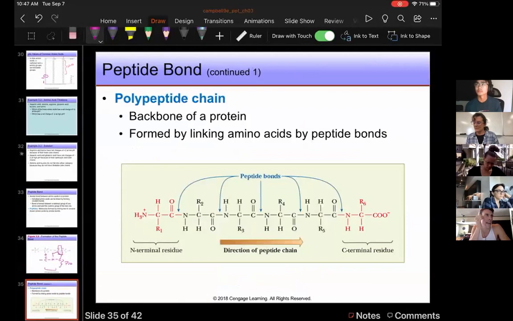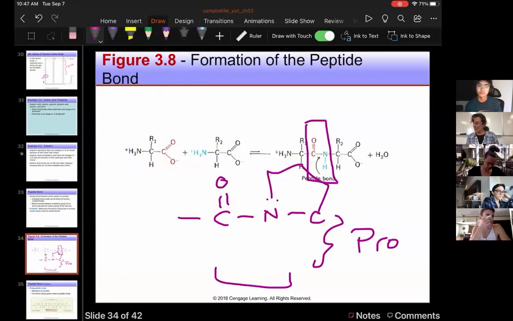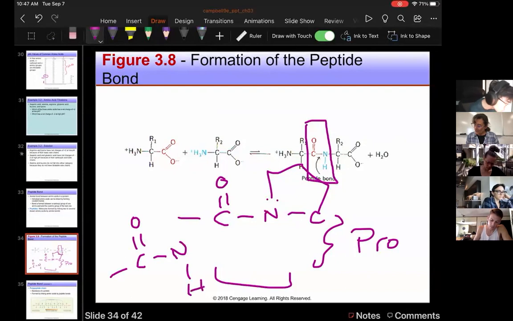You used the word amide. What was that again? An amide is a functional group where you have a carbonyl attached to a nitrogen. I don't know if you remember esters. Esters are where you have a carbonyl.